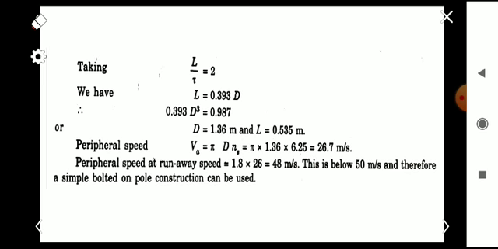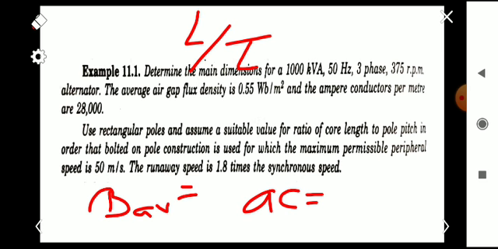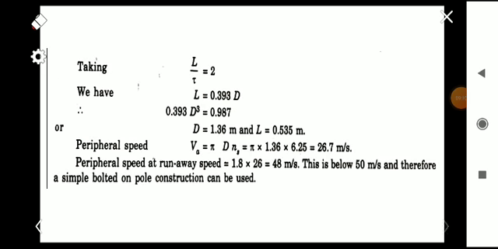In the question it is given that the runaway speed is 1.8 times the synchronous speed, so 1.8 into 26.7, and we get approximately 48 meter per second, that is below 50 meters per second.